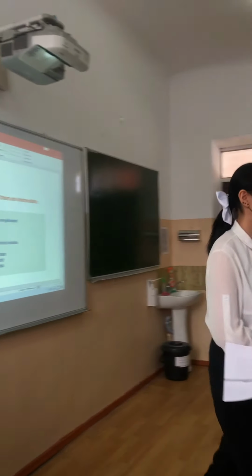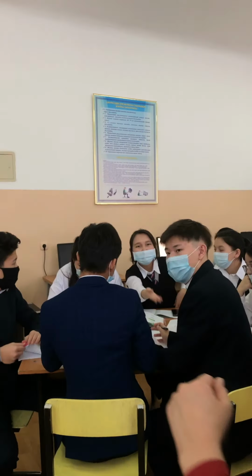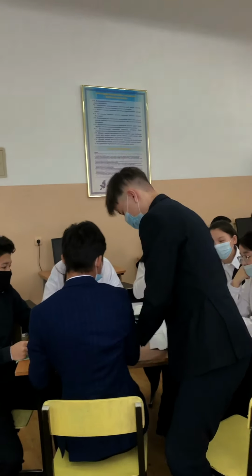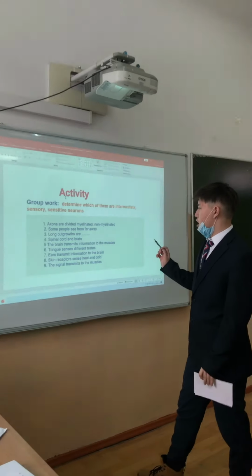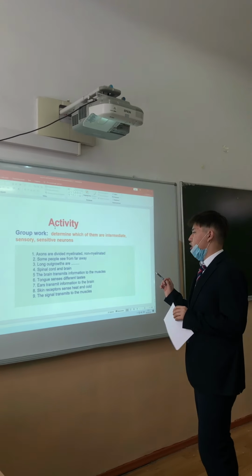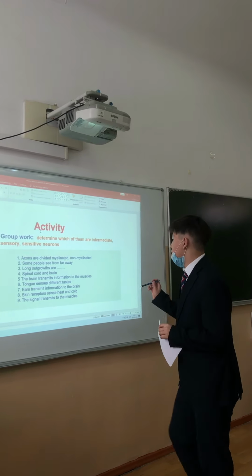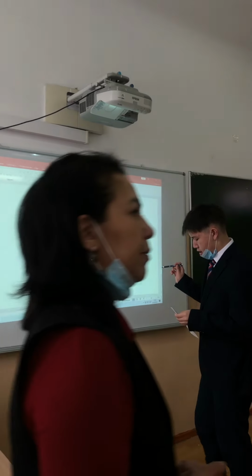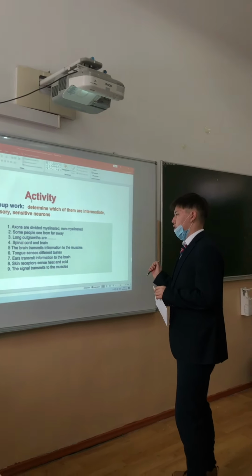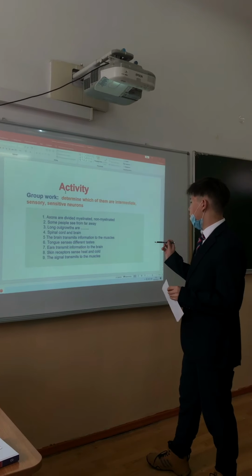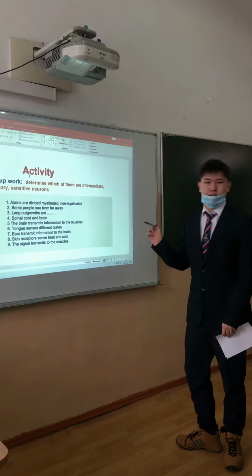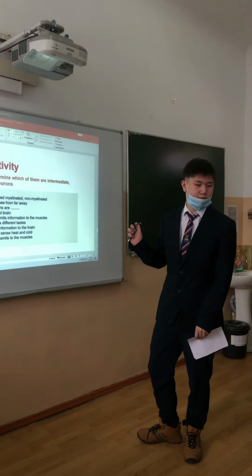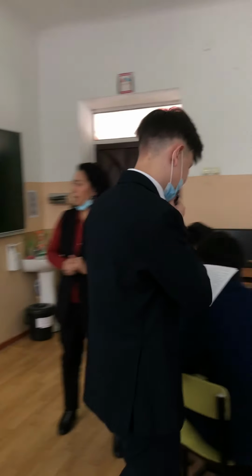Next. Second group. Yes, we are ready. You can start. Adil, please. Read. Spinal cord and brain, maybe it is an interneuron. The brain transmits information to the muscles quickly. It is a motor neuron. Different places, maybe sensory neuron. True? Yes. Next. First group.